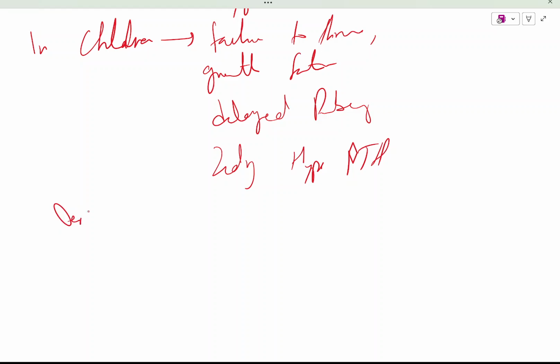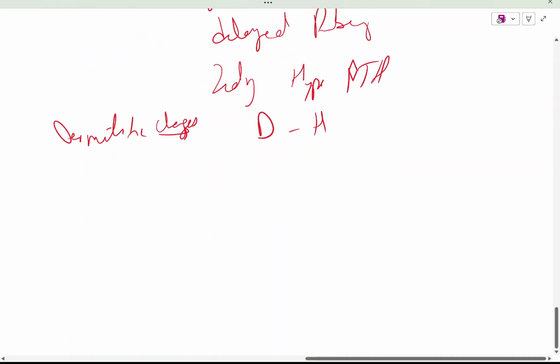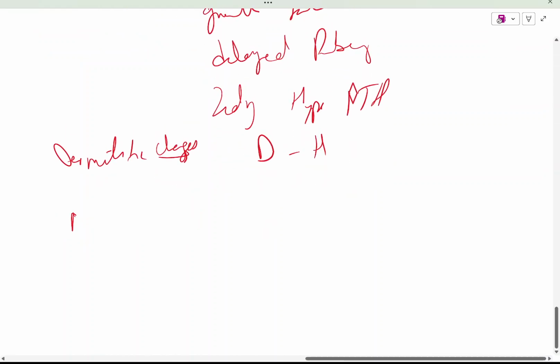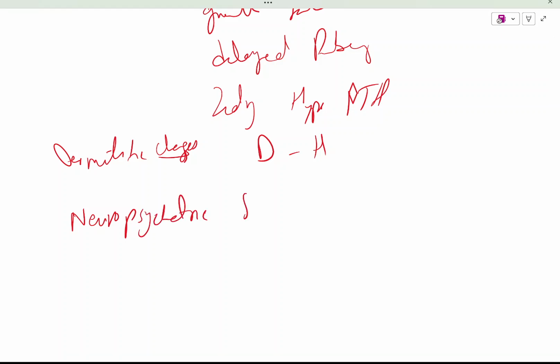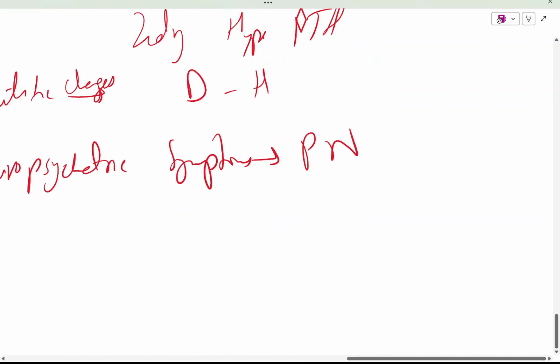Skin changes happen in celiac disease patients. Dermatic changes, these are dermatitis herpetiformis. Neuropsychiatric symptoms will also develop, like peripheral neuropathies, numbness, burning sensation, and tingling of hands and feet.